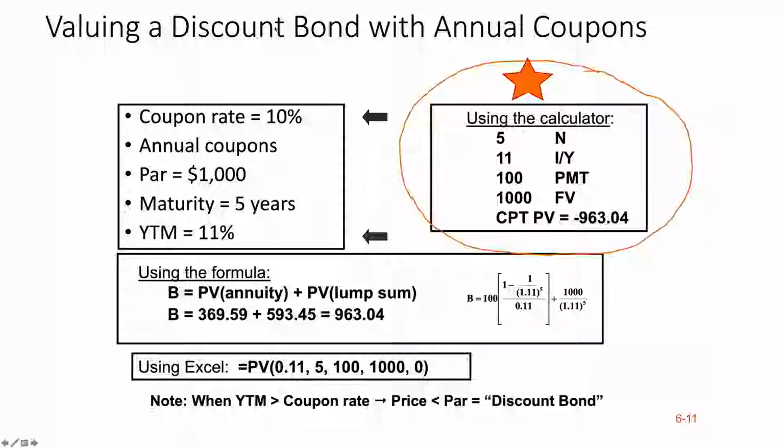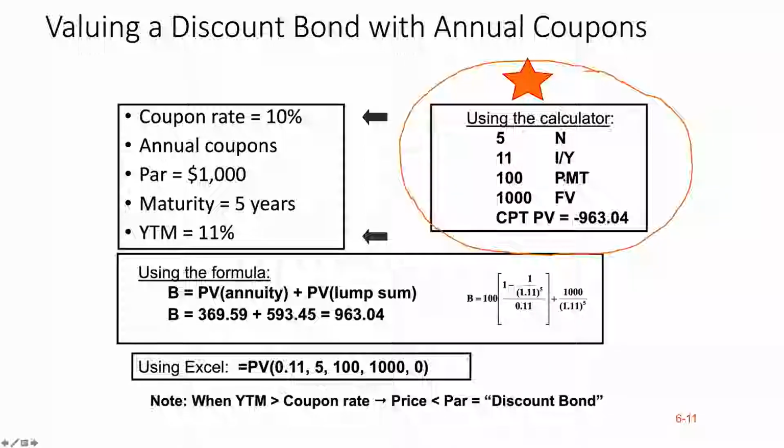Here is how you calculate that. We're using financial calculators. Put 5 in N because N is the number of years to maturity, 5 years. For I, the market discount rate or yield to maturity is 11. For the payment, you need to do a calculation.